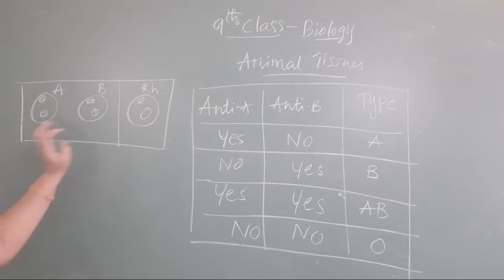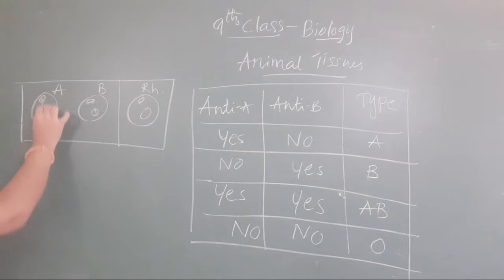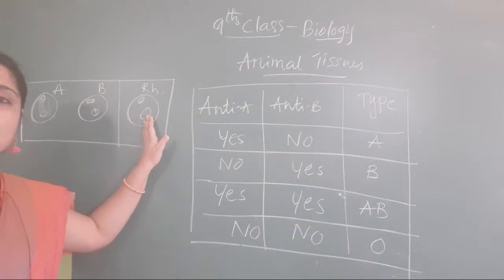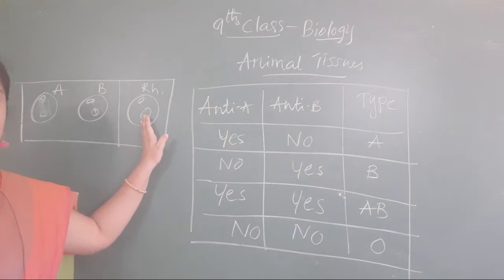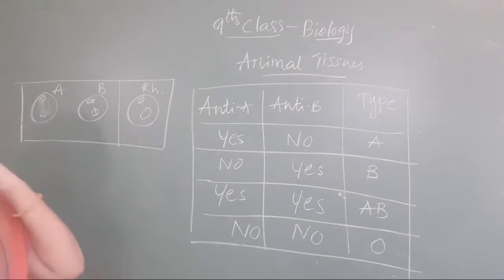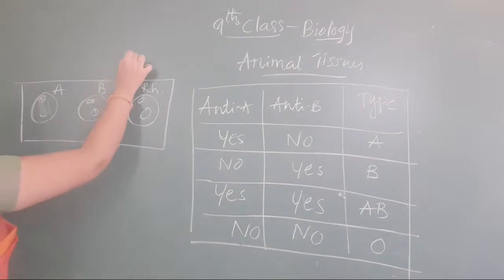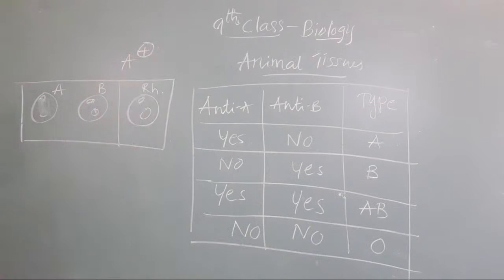In the A blood group, clumps are formed in A, but in the B no clumps are formed, and in the RH circle clumps are formed, then we confirm it as A plus. Understood, students?